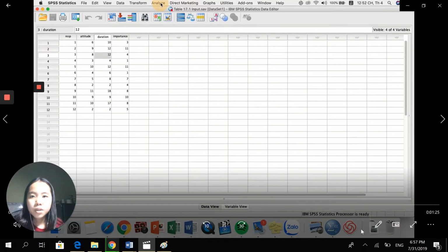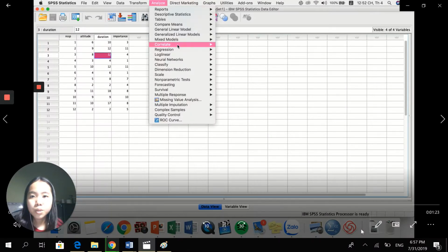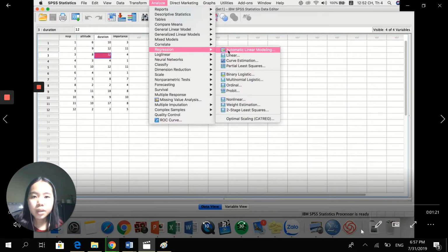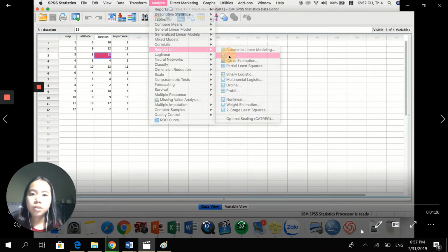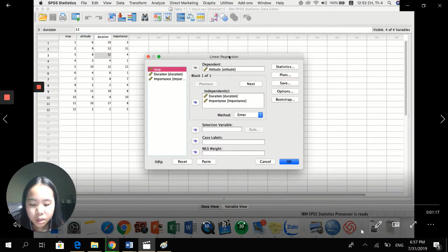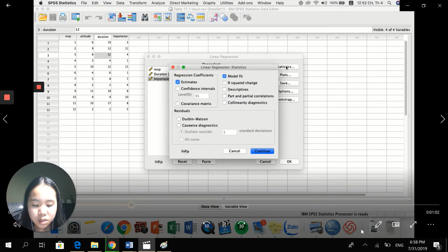We go to Analyze, Regression, and then Linear. Then we move attitude to the dependent box and duration into the independent variable box. We click Enter in the method box, and then we click on Statistics, check the estimates, and then check the model fit, click Continue, and then we move to Plots.